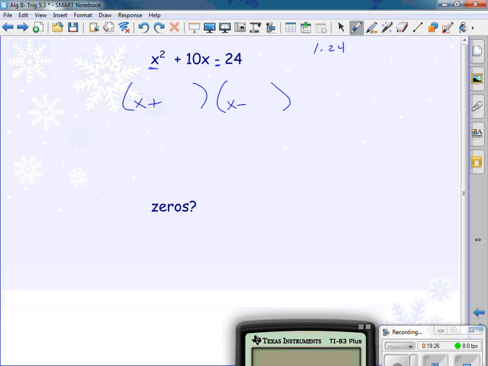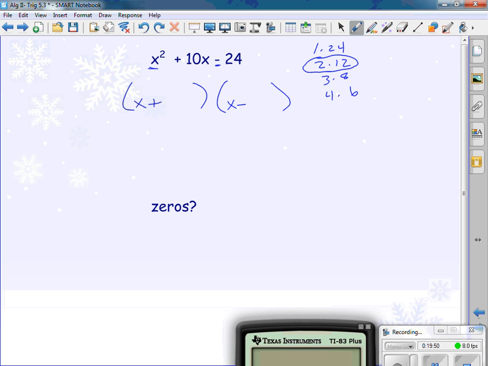I need all the factors of 24. 1 and 24, 2 and 12, 3 and 8, 4 and 6, 5 doesn't, we're back to 6. I need to subtract numbers to get a 10. 12 and 2. Yes, 4 and 6 do add to get me 10.